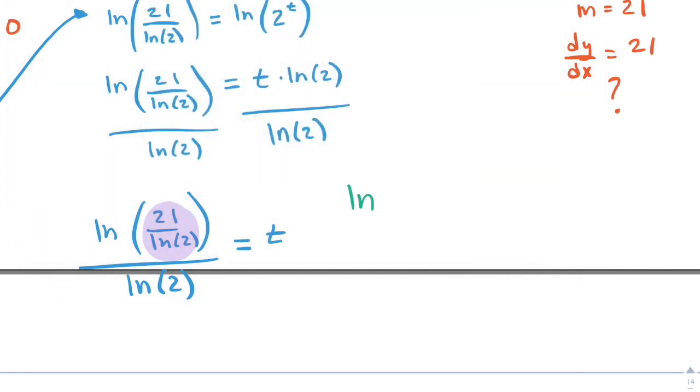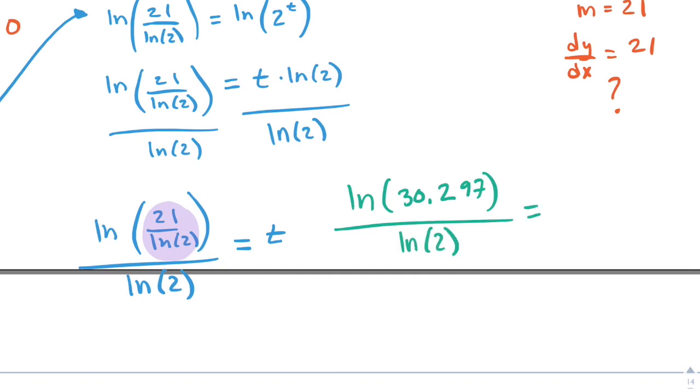So ln of 21 divided by ln of 2 is approximately 30.2965. That's going to be divided by the ln of 2. It's going to be equal to time.